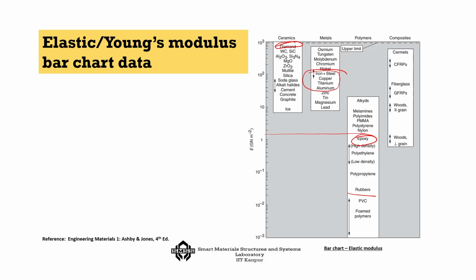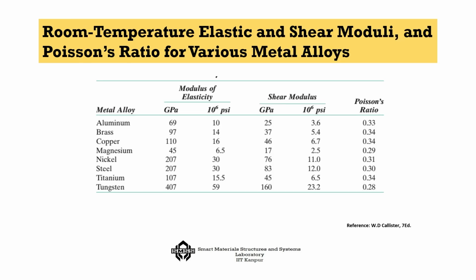And composites, the sky is the limit, because you have CFRPs which are as good as some of the highest modulus of elasticity, and then you have GFRPs in the mid range, and you have wood type of composites which will be as low as the polymers. So, that is the entire range of possibilities of Young's modulus.